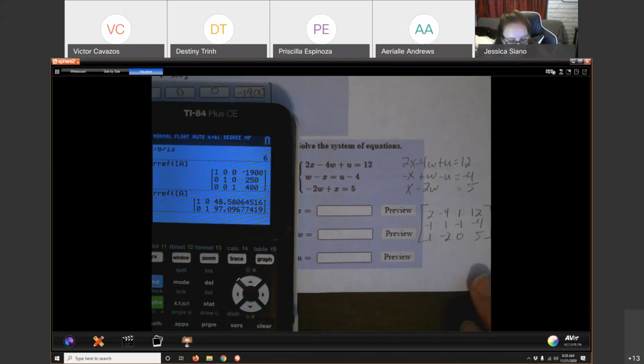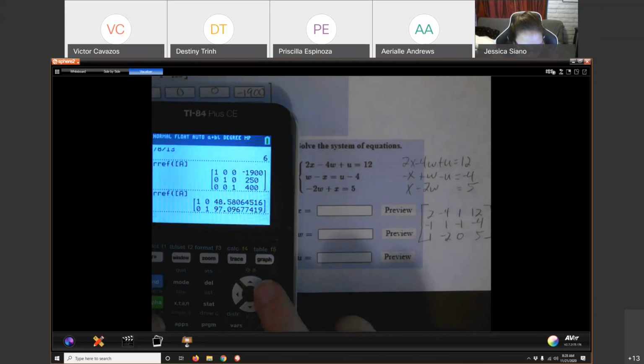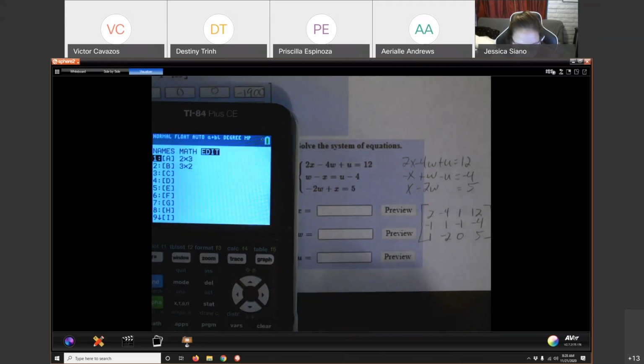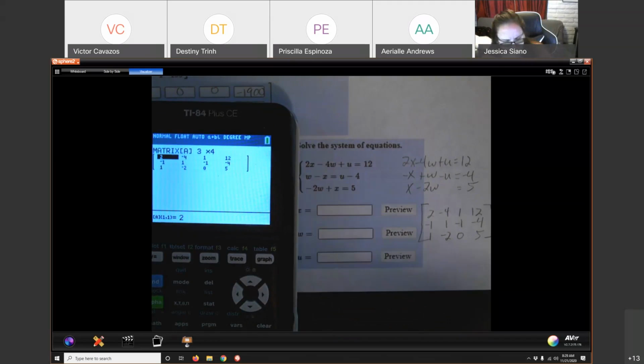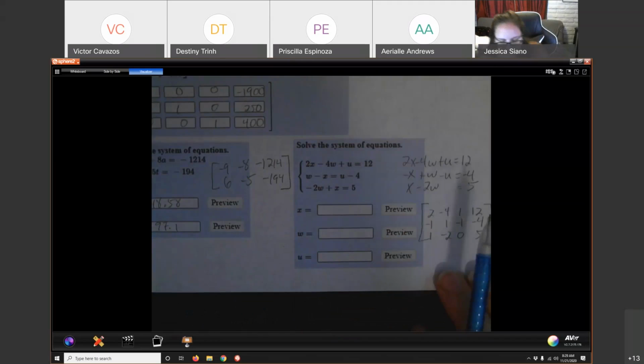Okay. So let's go to matrix, over to edit. This is a 3x4. Oh, I figured out what happened with that last one.